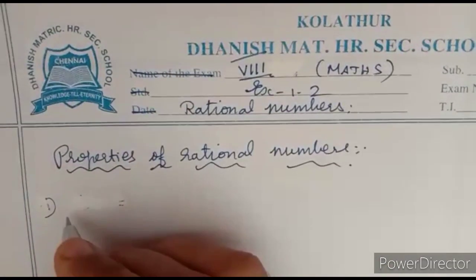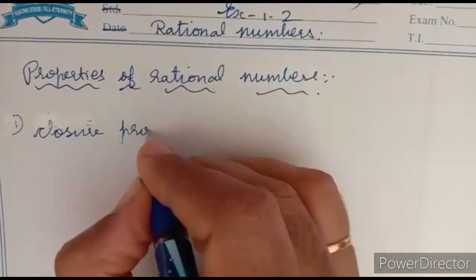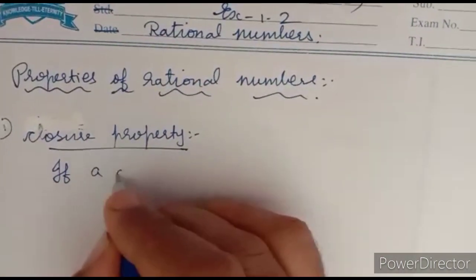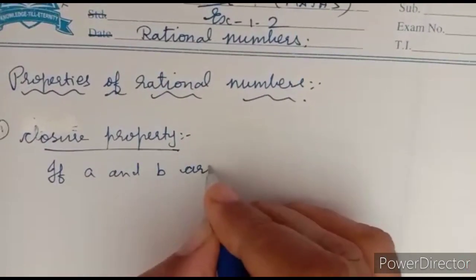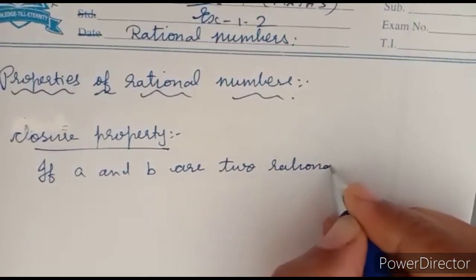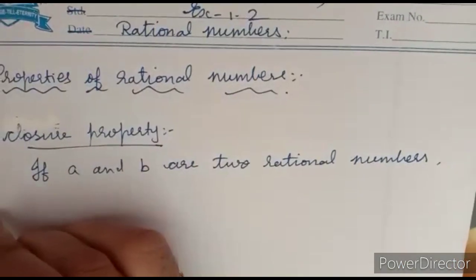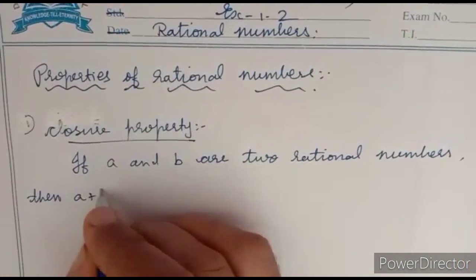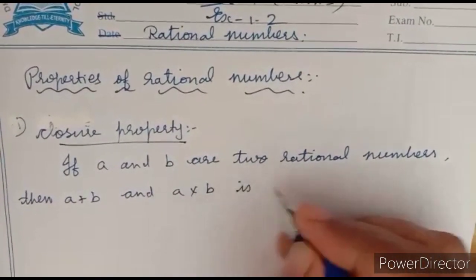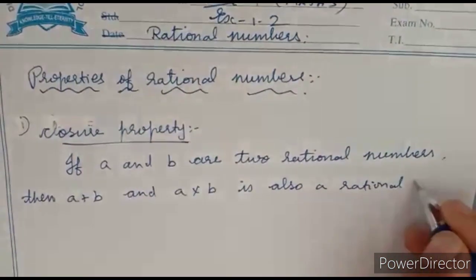Properties of rational numbers. First one, closure property. If A and B are two rational numbers, then A plus B and A into B is also a rational number.